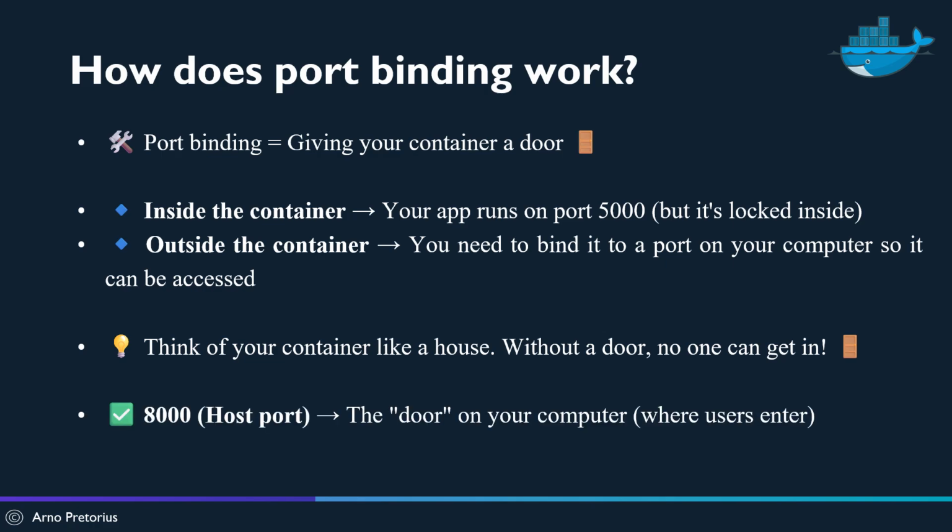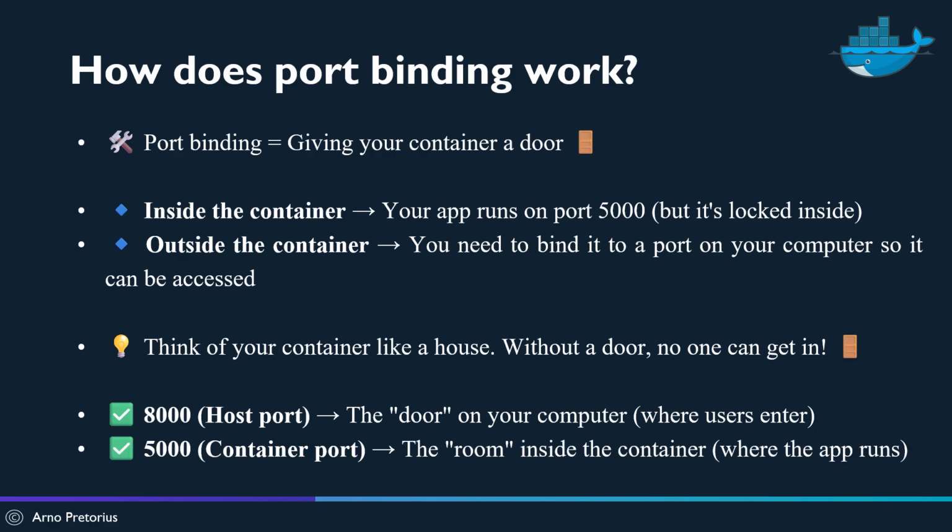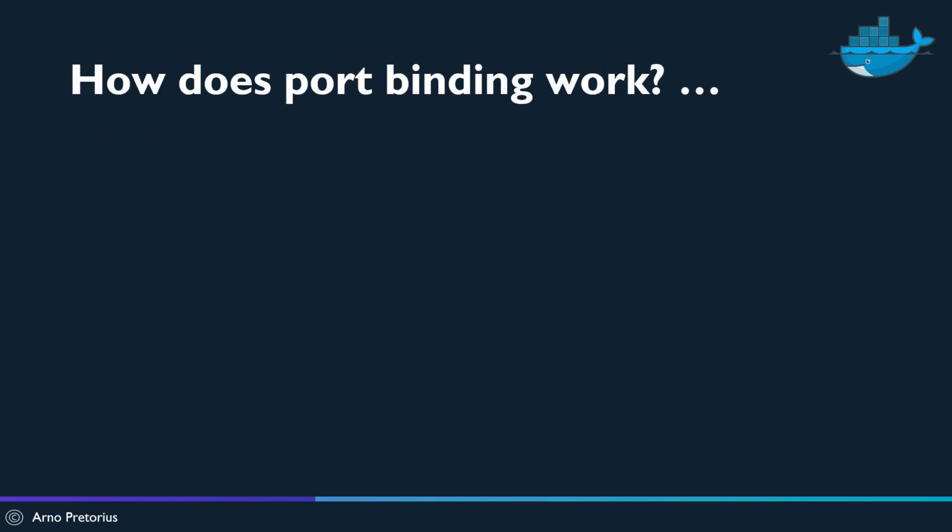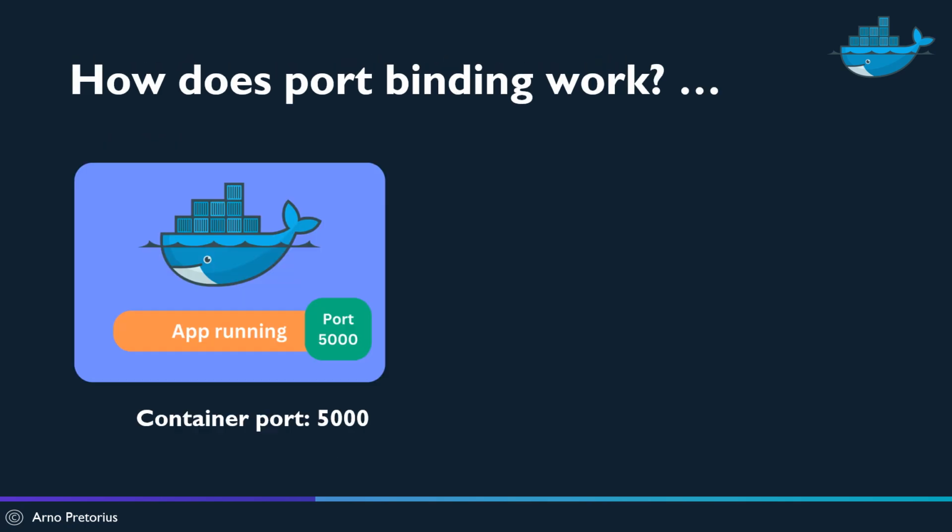So for example, we can say port 8000 is our host port. This is the door on our computer where users can enter. And port 5000, in other words the container port, is the room inside the container where the app runs itself. Right, so let's continue looking at this process.